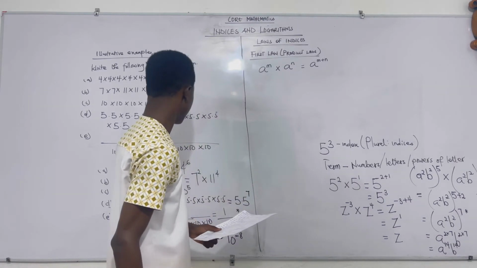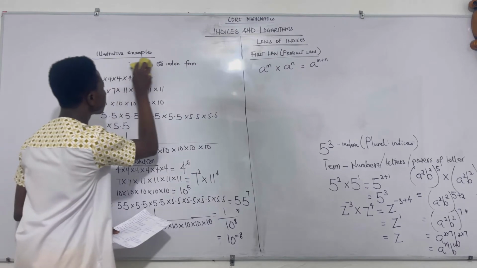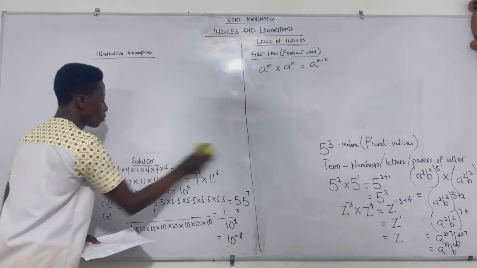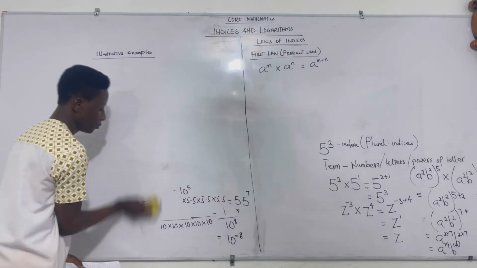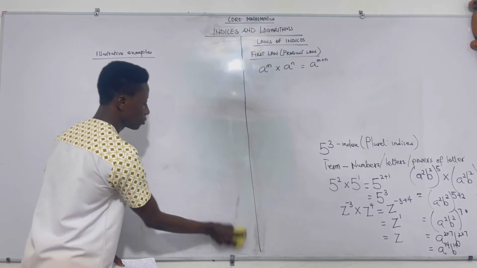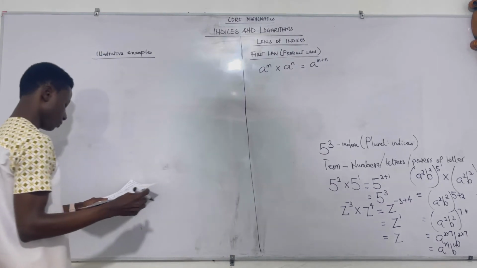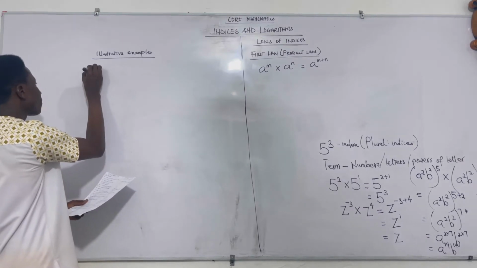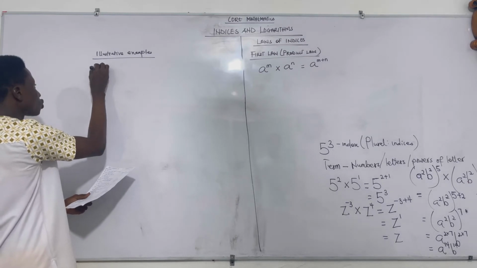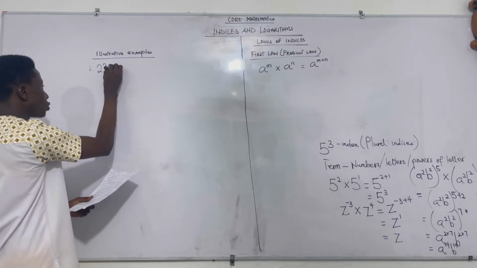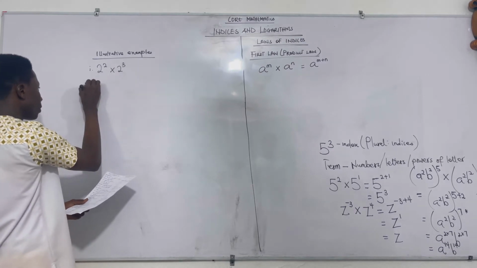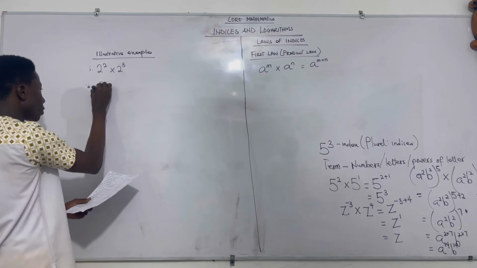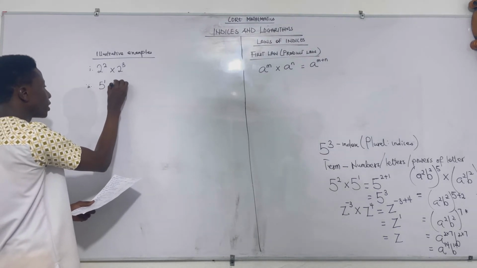So let's do it here. We have: I, 2 exponent 2 times 2 exponent 3. II, 5 exponent 1 times 5 exponent 2.